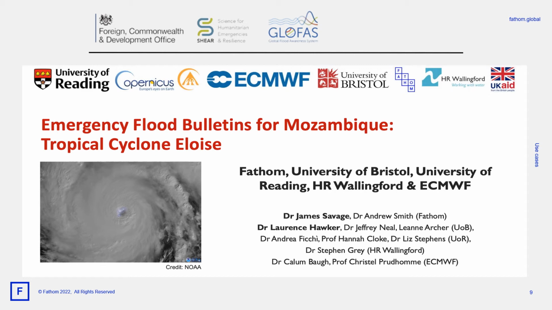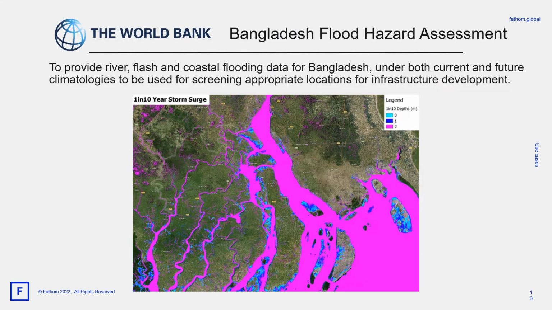So we run these models in conjunction with all the other partners and produce this information, which allows people to take action, move people, evacuate them away from danger. So we need to get these done quickly and out the door so that people can actually have the best chance of not being as adversely impacted as they could be.